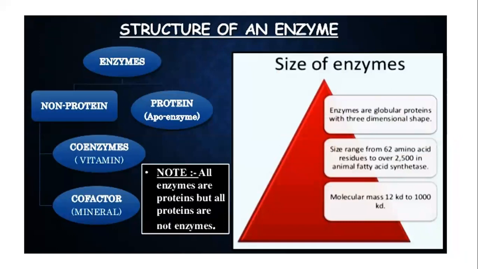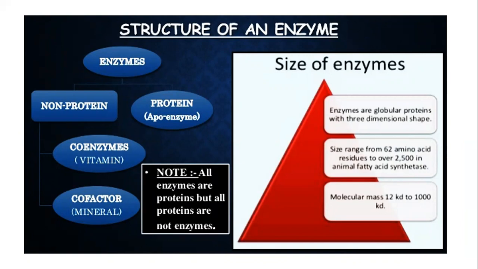So let's take a brief look at the structure of an enzyme. All of this is old, but let's take a recap here. The enzymes have two parts. One is the non-protein part, and the other is the protein part. The protein part is called the apoenzyme, and the non-protein part, which is firmly attached to the enzyme, is called the prosthetic group. There are two types of non-protein part. One is the coenzyme, the other is the cofactor.